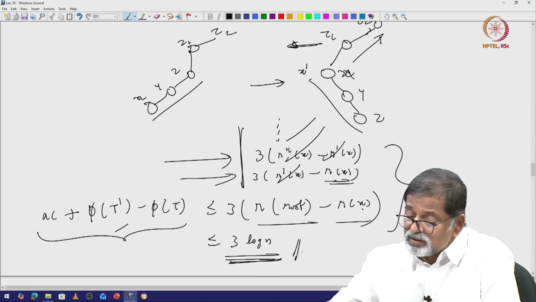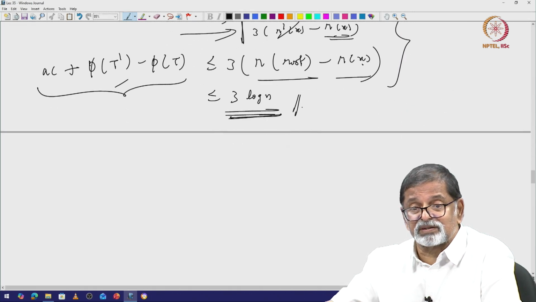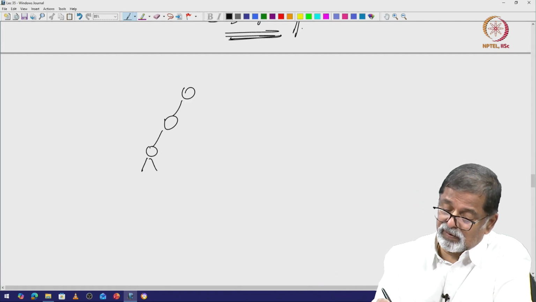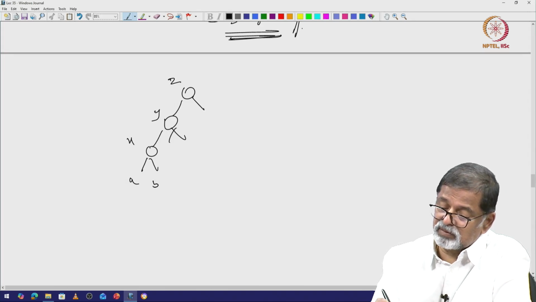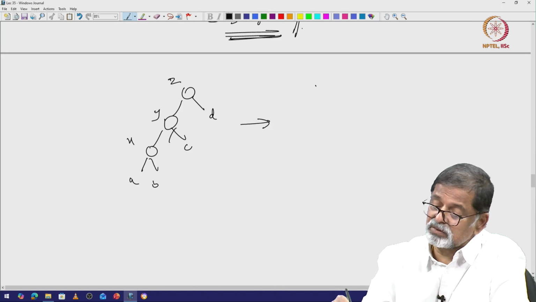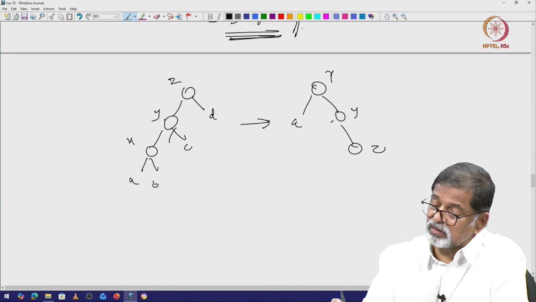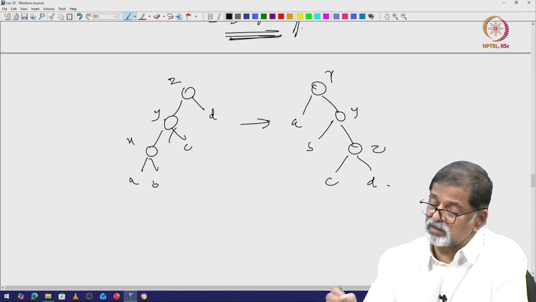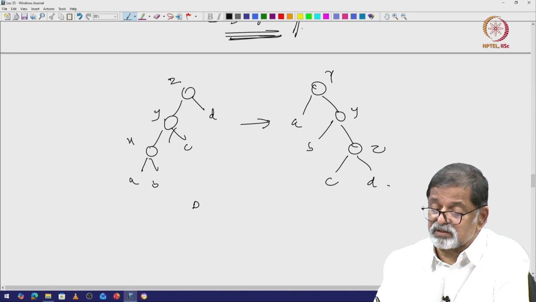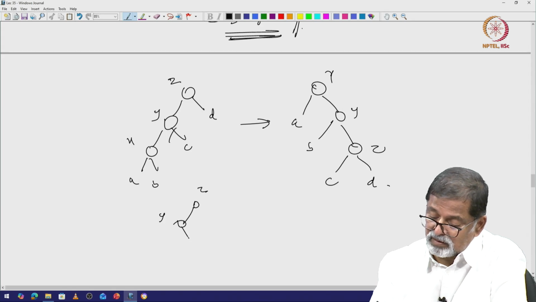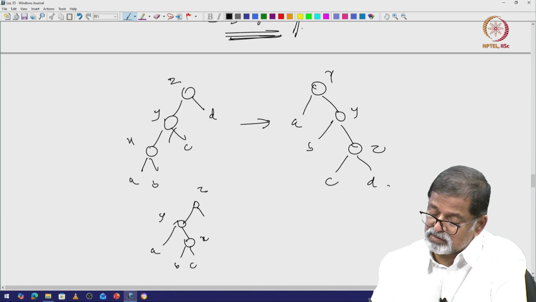So what we have considered is only the case for the transformation like this: z, y, x, a, b, c, d to x, y, z, a, b, c, d. But there is another kind of transformation, right? z, y, x may be on this side, so a, b, c.